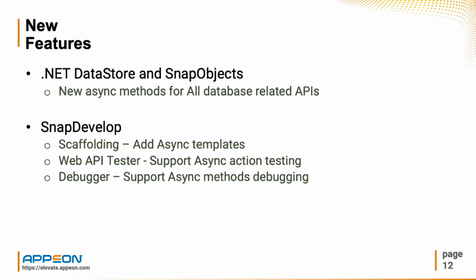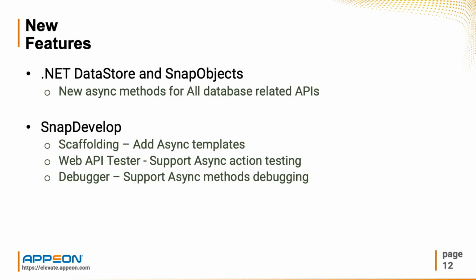Now for the IDE enhancements, we have incorporated new templates for scaffolding services and controllers that include the new asynchronous methods. But of course, you can create your own template too. Now the Web API Tester tool also supports testing asynchronous method calls.